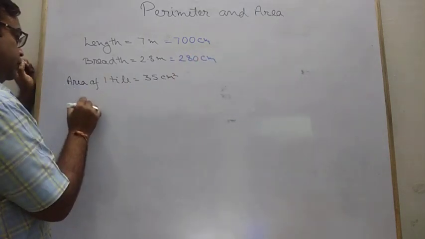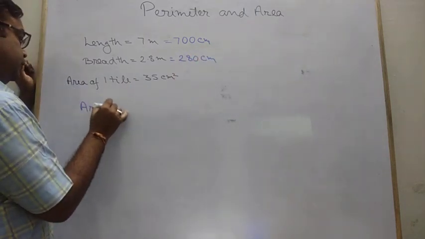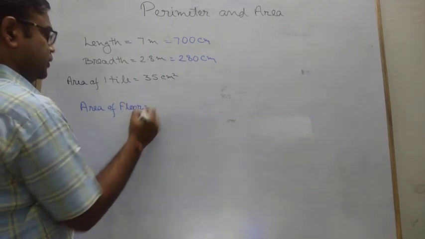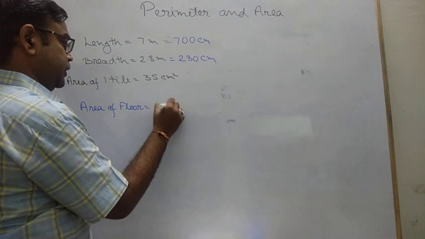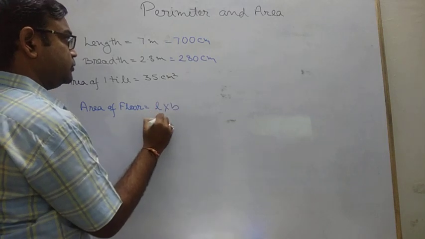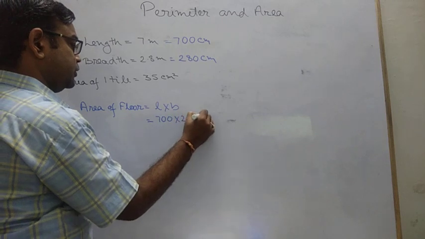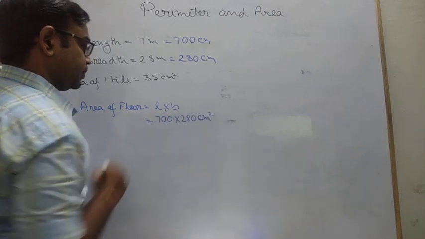So the area of the floor equals length into breadth, so we write down 700 into 280. Now write down the unit.